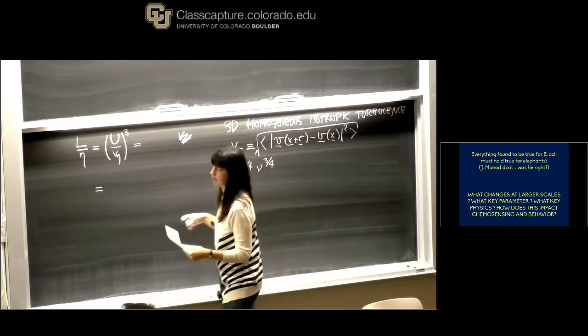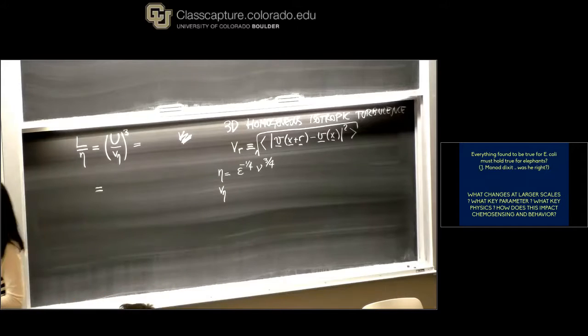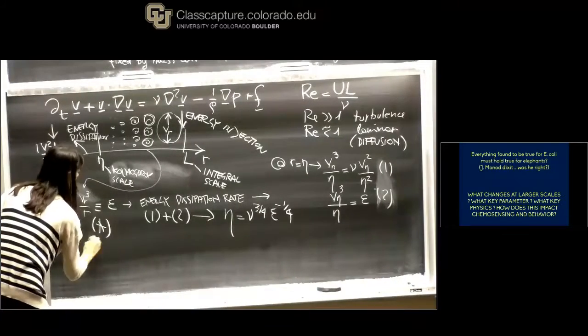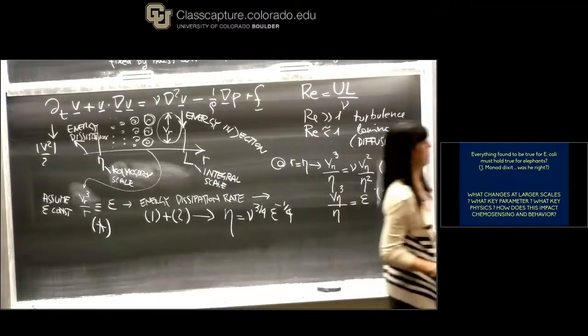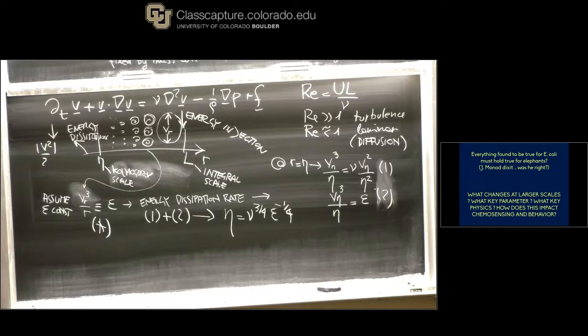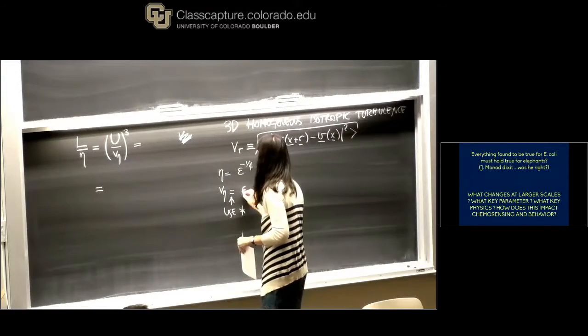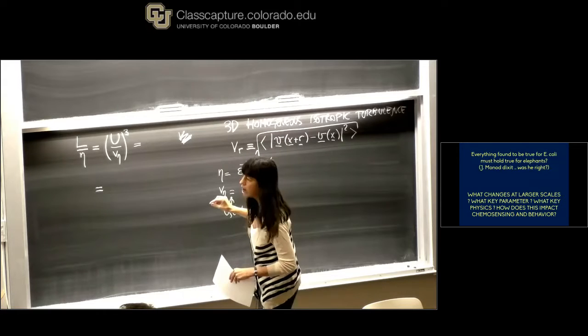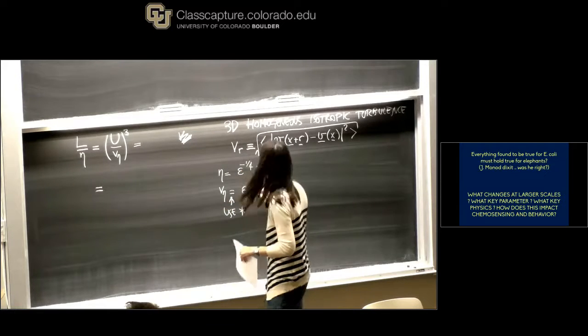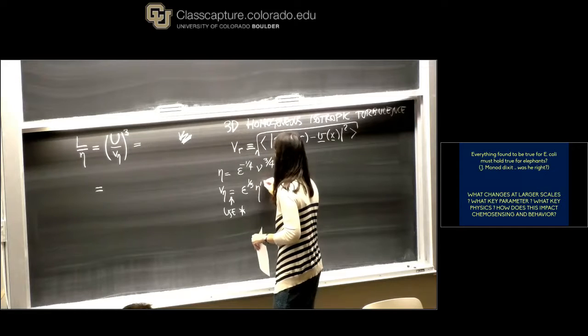V eta, the best argument is to take this equation, which let's call it star. So you get V eta from star. And that is epsilon times epsilon to the 1/3 times eta to the 1/3.